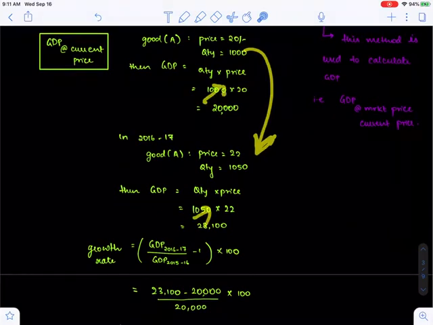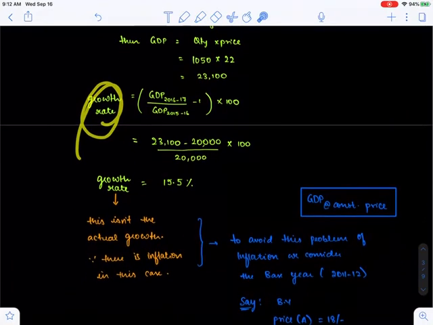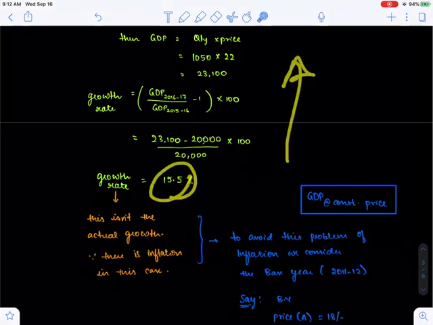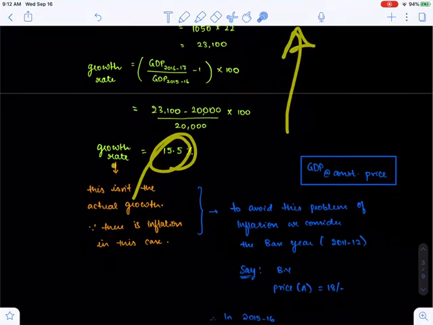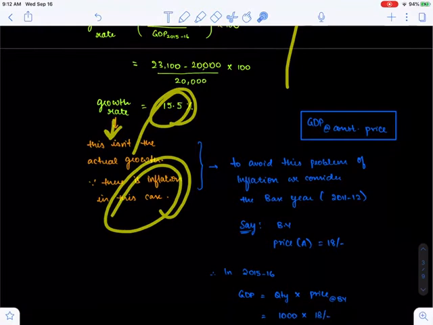Of course, the quantity of good A is increased, but this growth is not just because of the increase in the quantity alone. It's also because of the increase in the price of good A that we say that the growth in the economy is 15.5. So this is not technically considered to be the actual growth because it is taking inflation into the consideration.